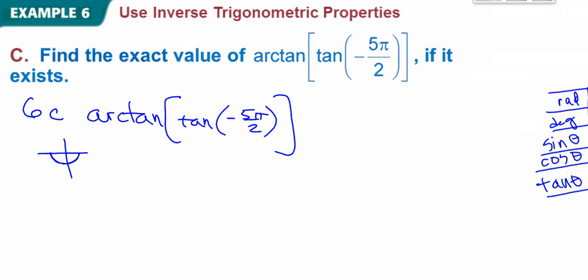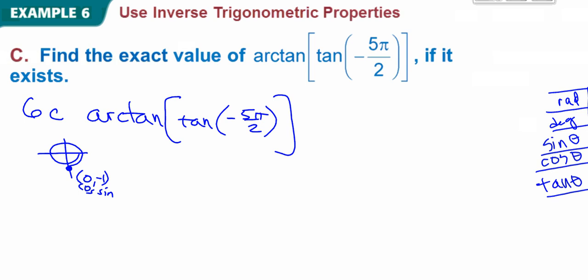2 pi over 2, sorry, 3, 4, 5. So now I ended up here, which is (0, -1) for my point. And remember, that's cosine over sine. And I have my table of values. My reference angle is pi over 2, or 90 degrees.